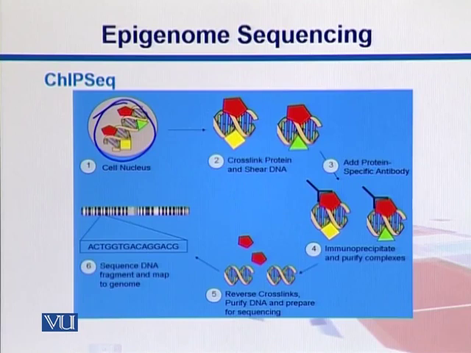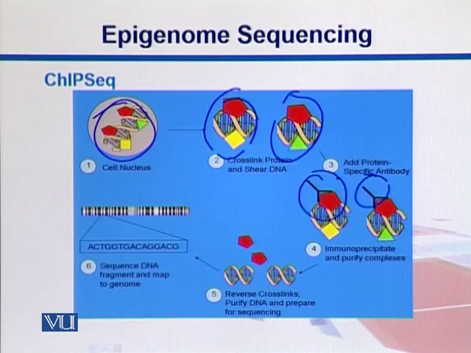So we shear that DNA, and then we add some specific antibodies to capture those proteins. In this way we can capture the DNA and we remove those proteins, and then we submit that sequence for sequencing. In this way we can identify what sequences are there, and we can have an idea about those binding sites for these proteins.